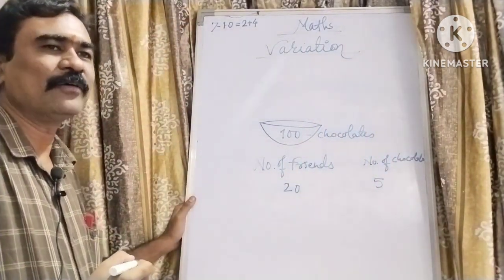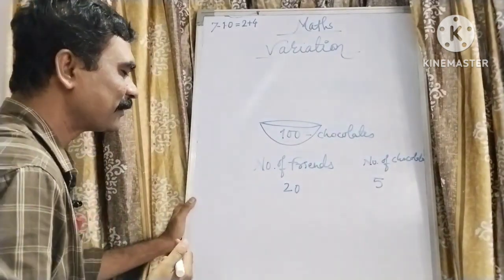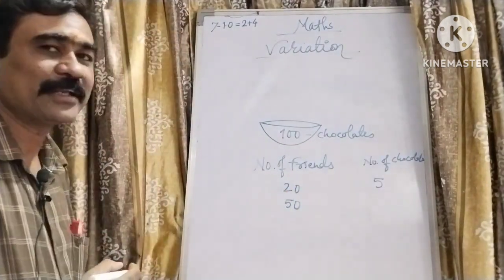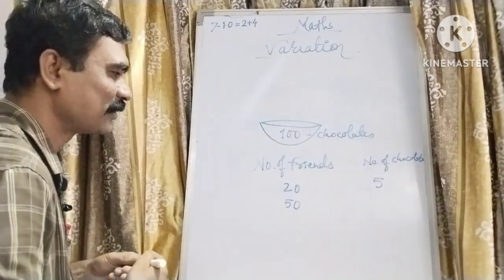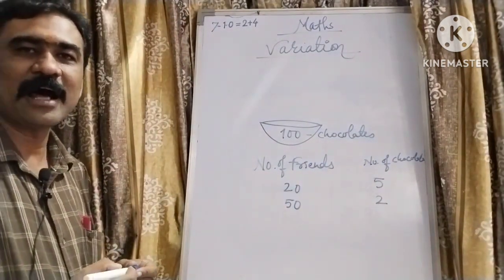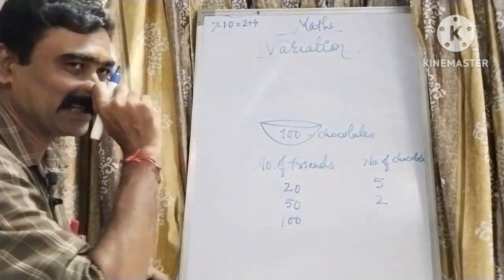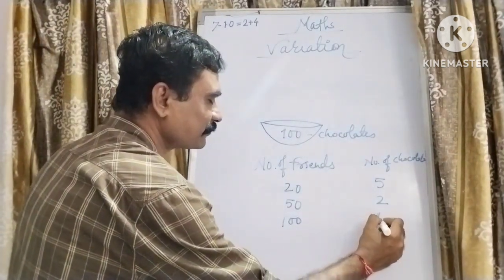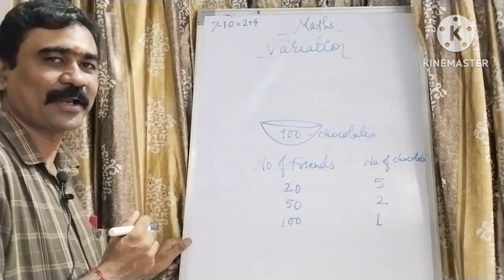Alright, now I increase your number of friends. If there are 50 friends, then each will get how many chocolates? So each will get 2 chocolates. Now if the number of friends is 100, then each of your friends will get 1 chocolate. Now I decrease the number of friends.